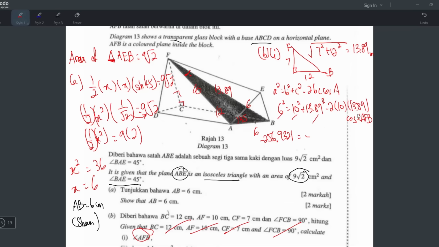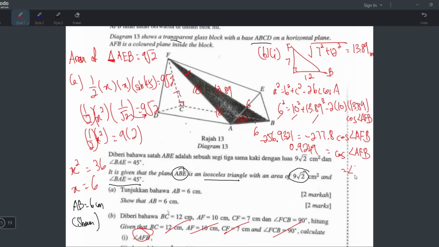So what is 2 times 10 times 13.89? 277.8. And then don't forget the cos AFB beside. All right, now it's time to find the angle AFB. So cos AFB here, and then I press this one divided by this one. Okay, negative divided by negative must be positive. And then this value divided by this value, we get 0.9249.